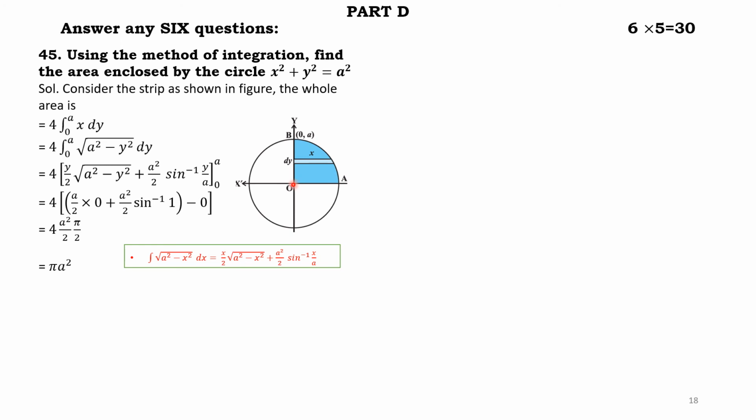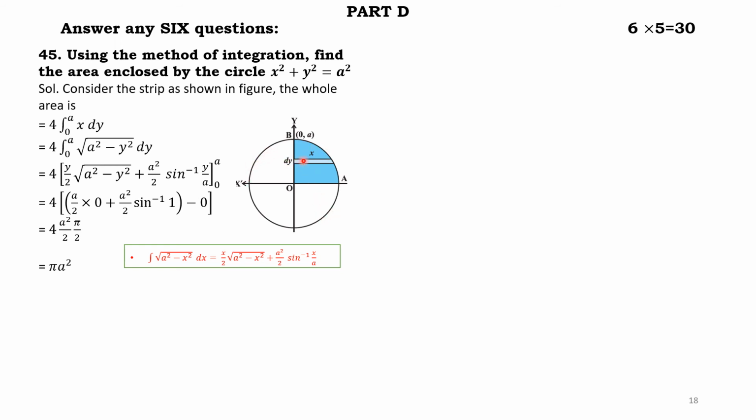That means at A the coordinates are a comma 0, that is x coordinate is a and y coordinate is 0. At the point B, the x coordinate is 0 and y coordinate is a. This is the radius of the circle.